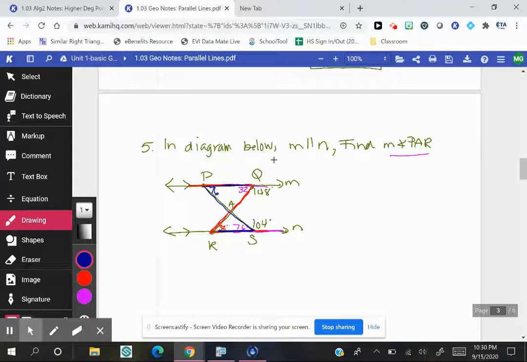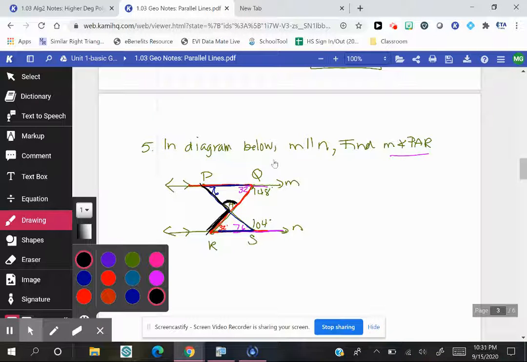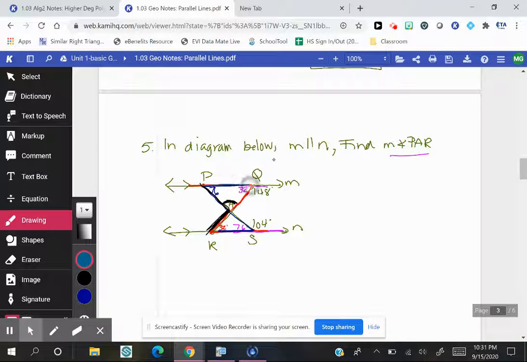And now let's take a look again at which angle we're trying to find. So PAR, this one out here. In my head, what I'm thinking is if I can find this angle right here, then I can find this angle. Once I find this, I just subtract it from 180 to find the angle over here. So I can now find this angle because I spy with my little eye a triangle.